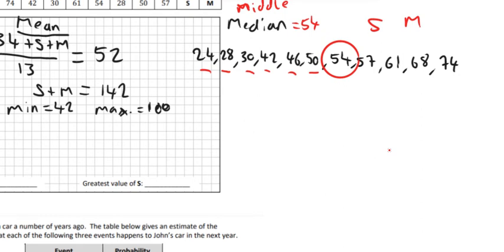Remember, there's 13 in the list altogether, including S and M. Now 54 is the median, so if 54 is the median, there has to be 6 to the left and 6 to the right of it. So therefore S and M have to be on the right hand side here. So S and M have to be basically in there somewhere, or maybe further up than 74. So they have to be to the right hand side of that 54 anyway. So we know that much.